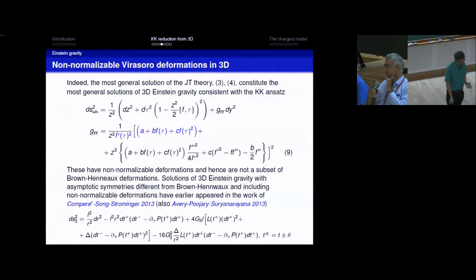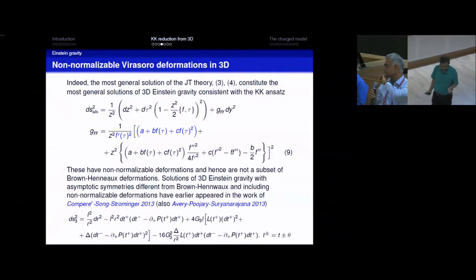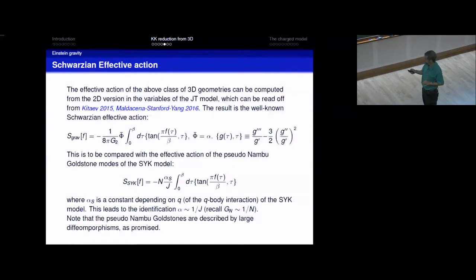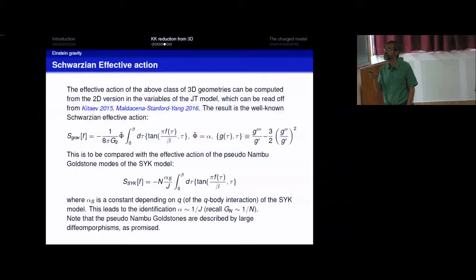So actually, the Schwarzian action, let me just go to that one. Here it is. So the way the Schwarzian appears is by having a dilaton here, and this Schwarzian term. The effective action of these things can be computed from the 2D version, which is already done.